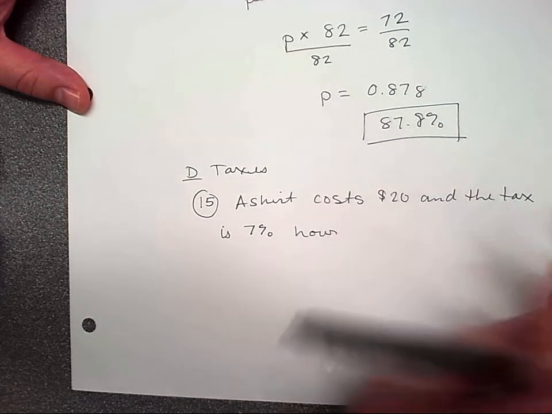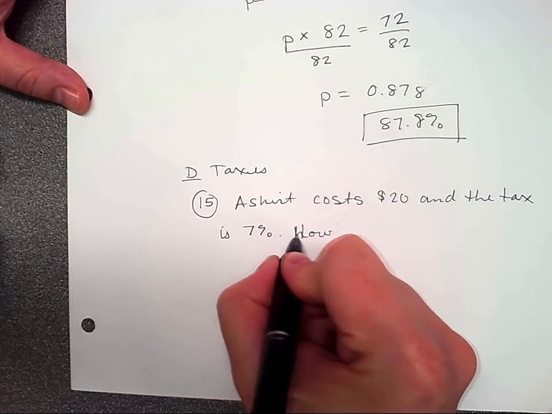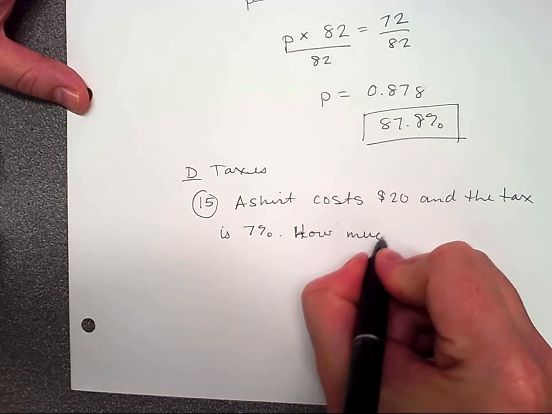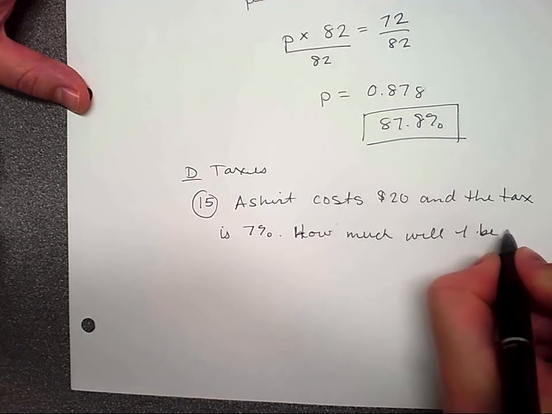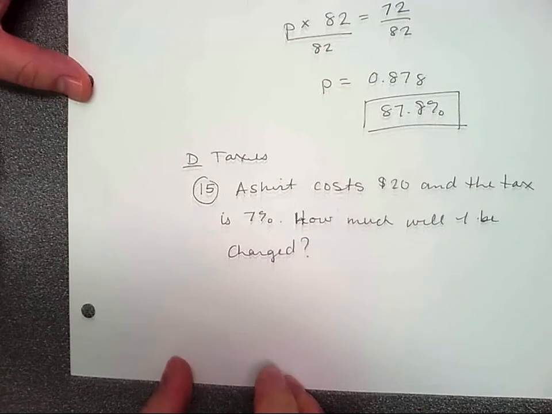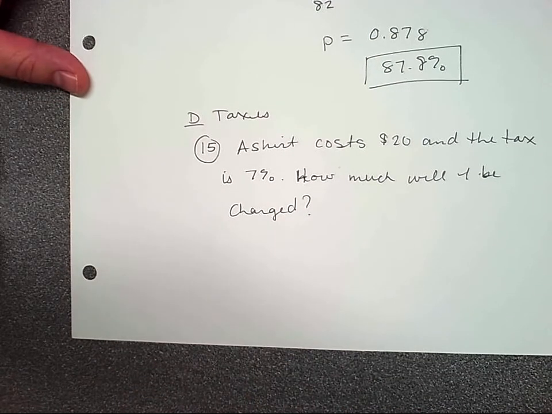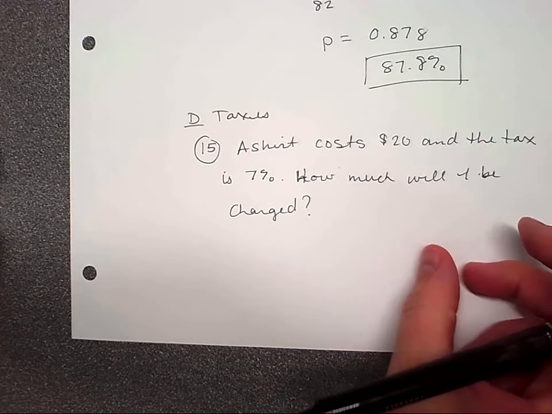How much will I be charged? So the price on the tag says $20. I go up to the register and they run my credit card. What are they running it for?